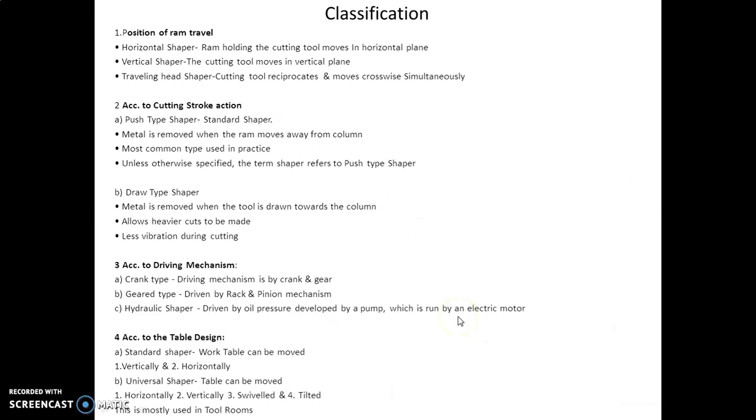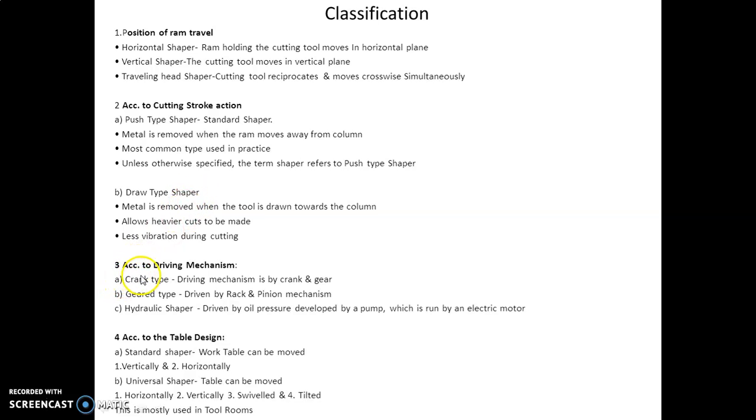If we classify, there are a number of types of shaper machines. They can be classified according to the position of ram travel: horizontal, vertical, and traveling head shaper. According to cutting stroke action: push type shaper and draw type shaper.